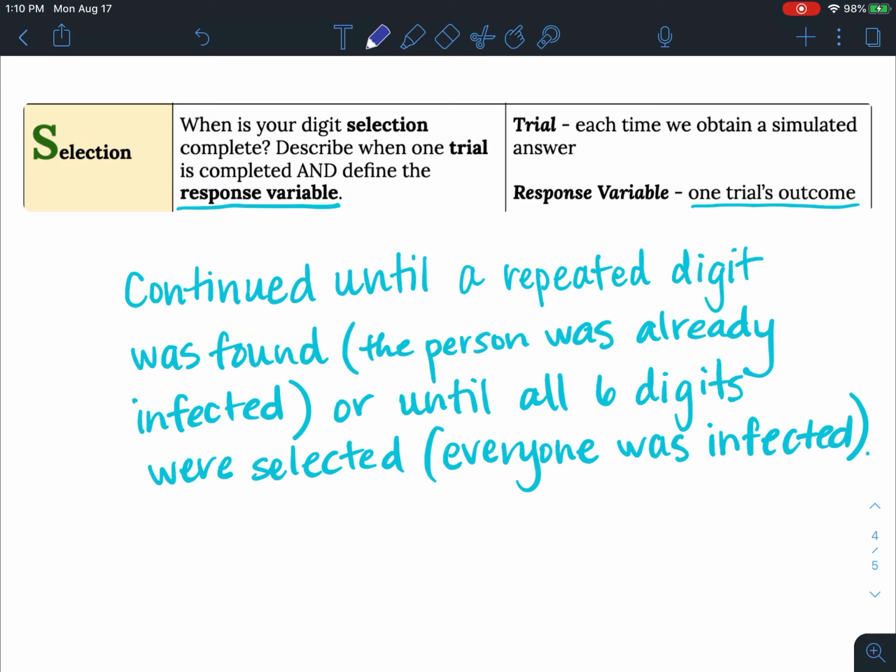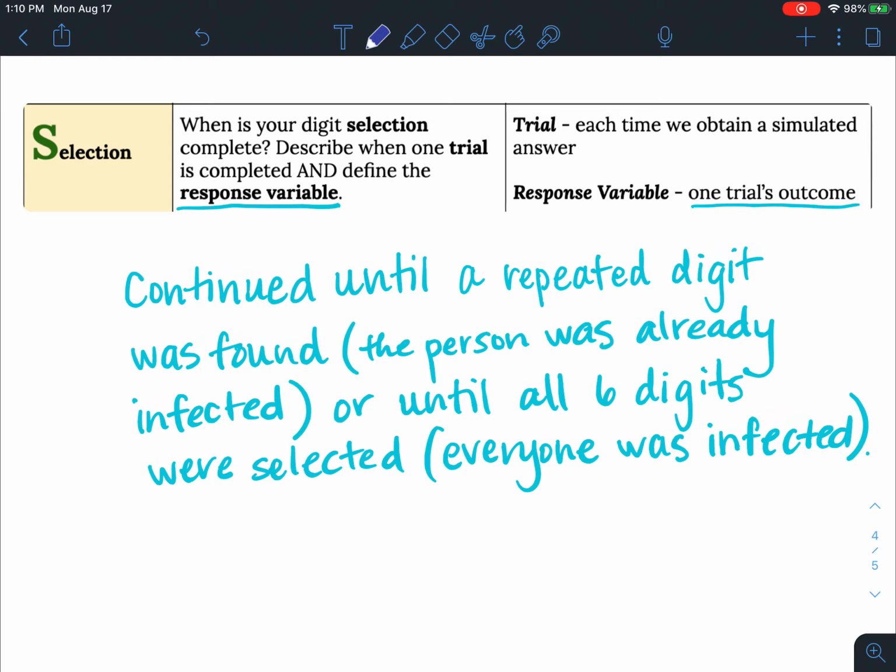What are we looking for? Remember, our question was, what's the probability that 6 people were infected with the flu? At the end of each trial, we were writing down how many total people were infected within that trial.